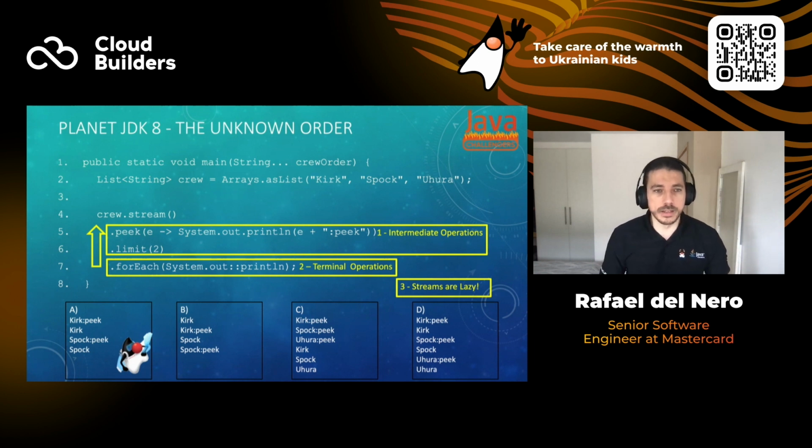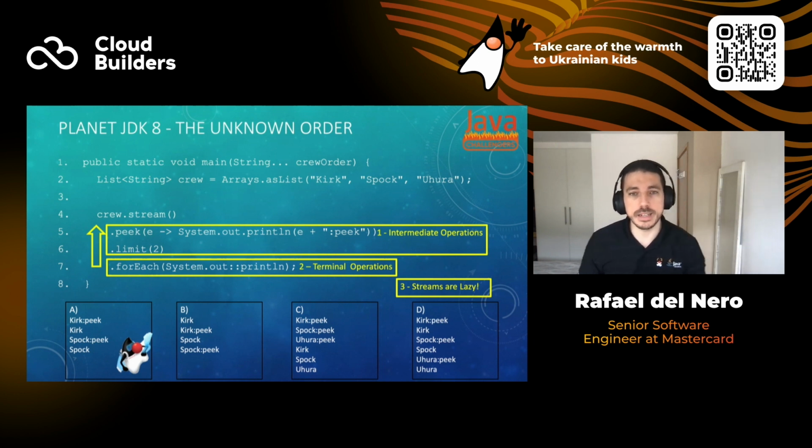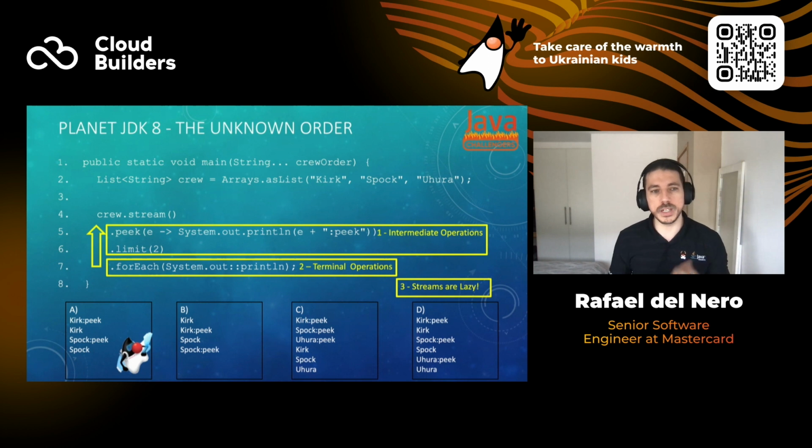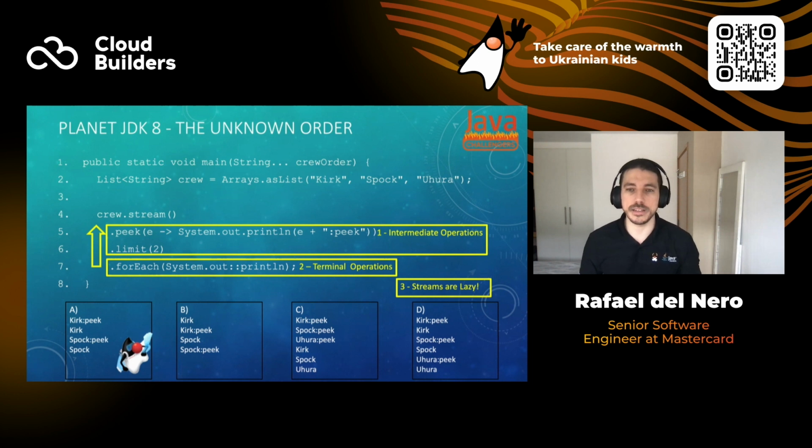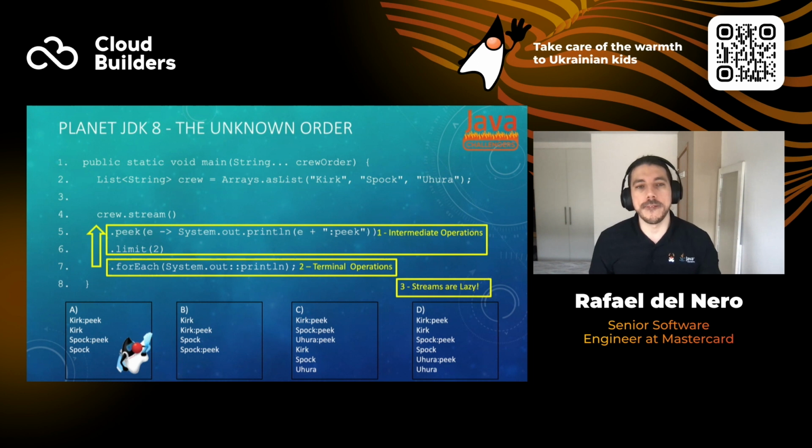Okay, so why is it A? You can see that first we peek the element, we show Kirk, and then we limit it to 2 elements. So that's the benefit of having lazy streams, because it will only process what you programmed in the intermediate operation methods.